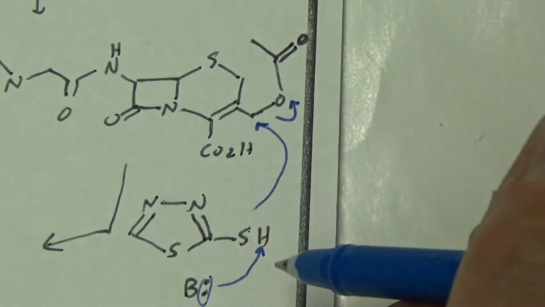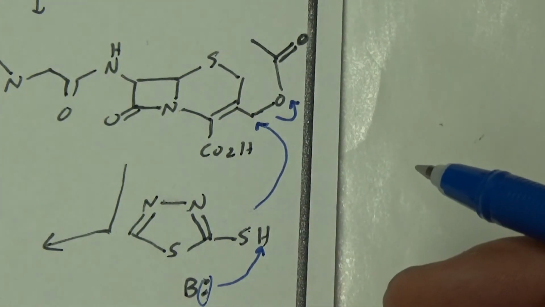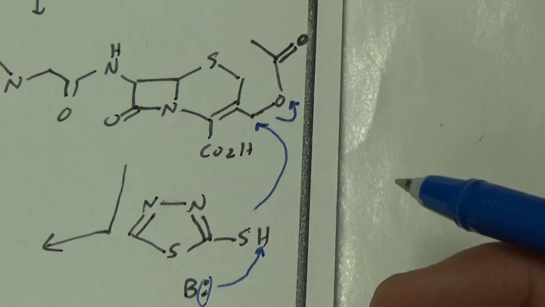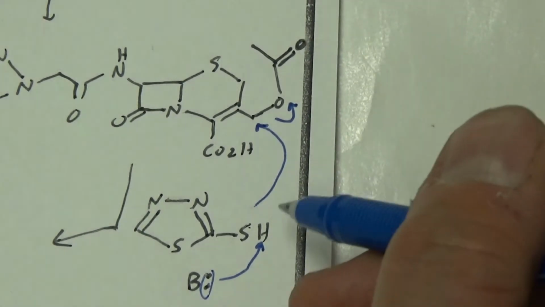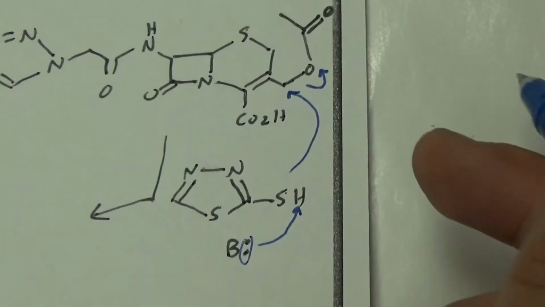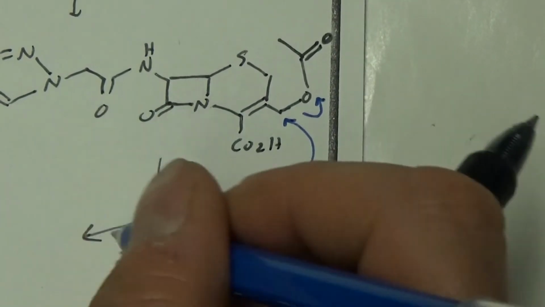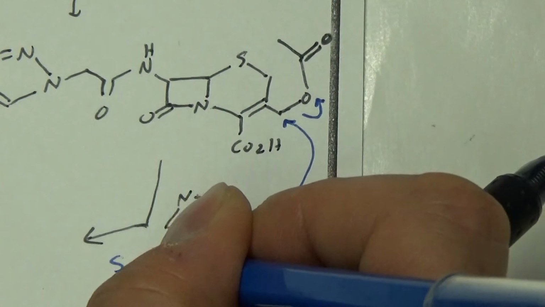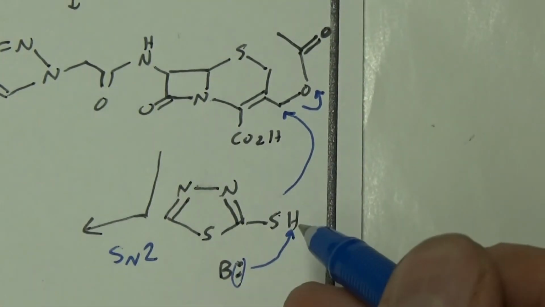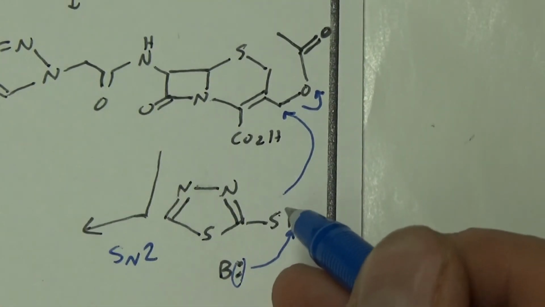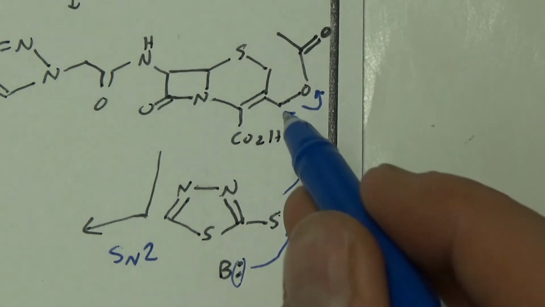It's probably because sulfur is such a good nucleophile. So what's our final drug look like? And what's the mechanism when this attacks and kicks off a leaving group? It's 2 numbers and a letter. SN2. Right, base takes the proton, makes a nice S minus, and then the S minus does the attack, kicks that off.